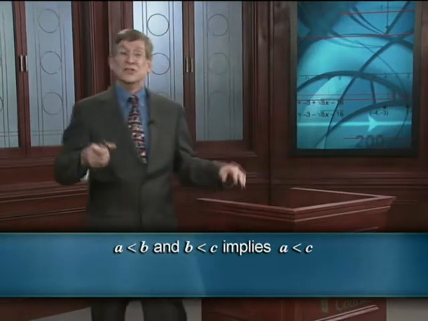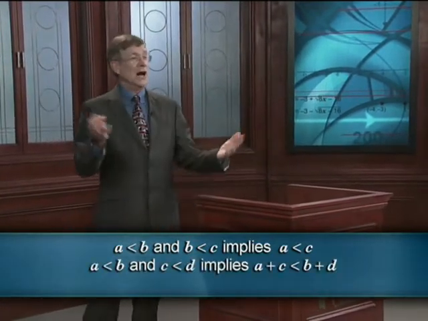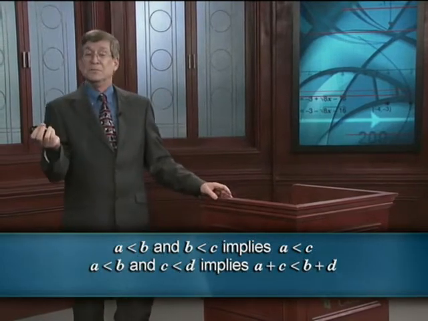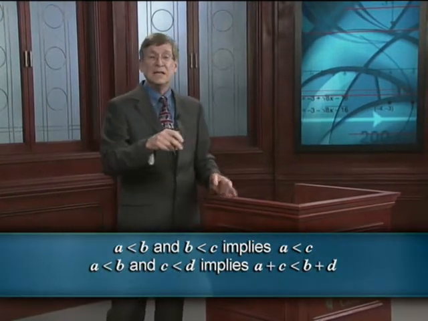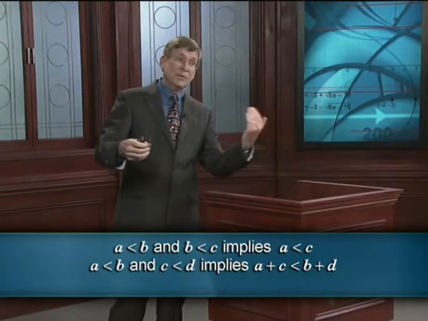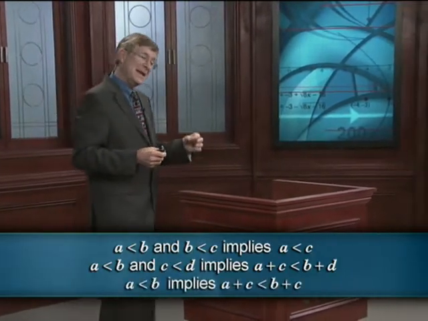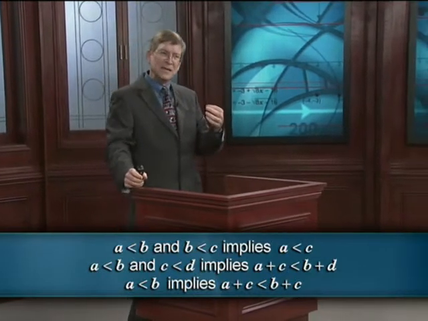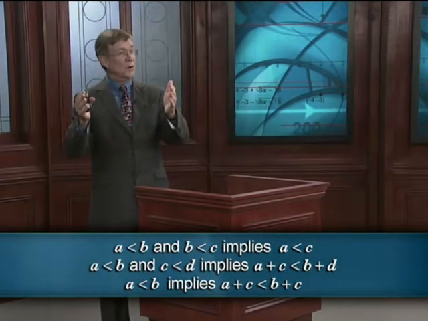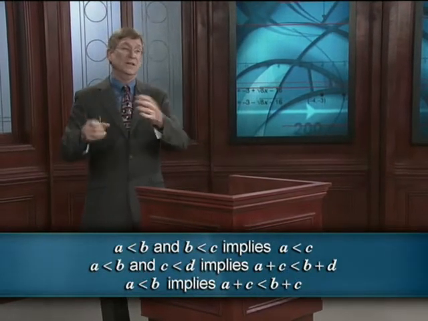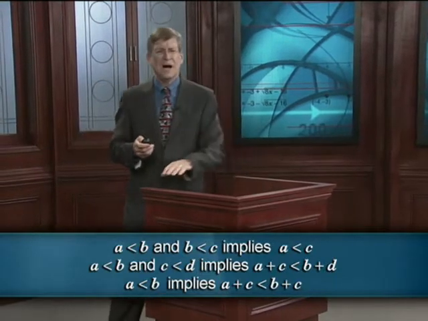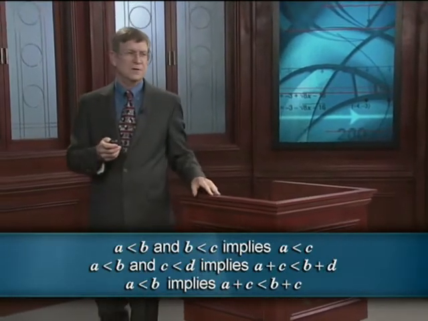That's called transitivity. Another very common property is if A is less than B and C is less than D, and I add them up, then A plus C, of course, will be less than B plus D. And another property, if A is less than B and I add the same quantity to both sides, A plus C would be less than B plus C. Those are pretty obvious properties of inequalities.